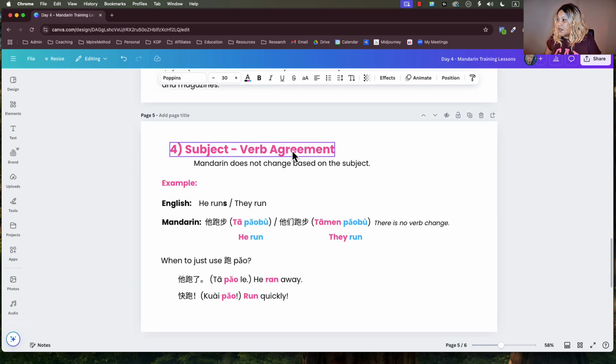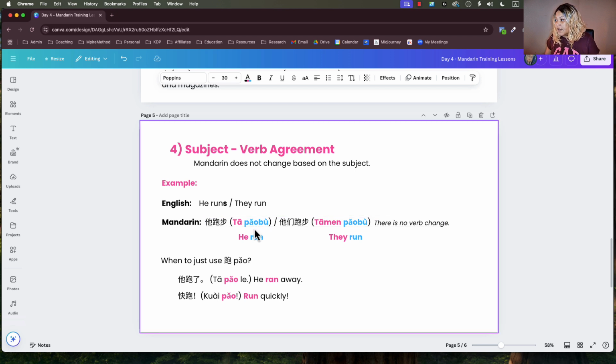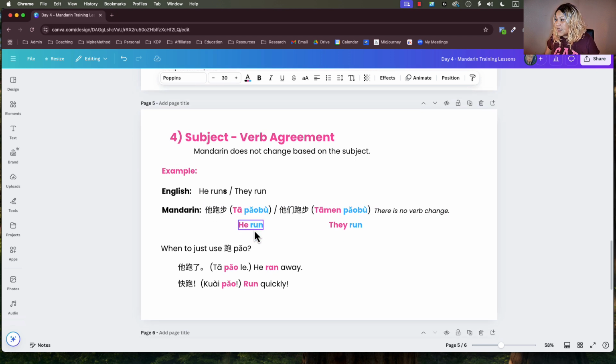And then with the subject verb, we need to understand that it's just he run. Even if he runs, it's just he run. And we need to also understand, like Ta pao la is like he ran away. La shows that it's already complete. He already ran away.